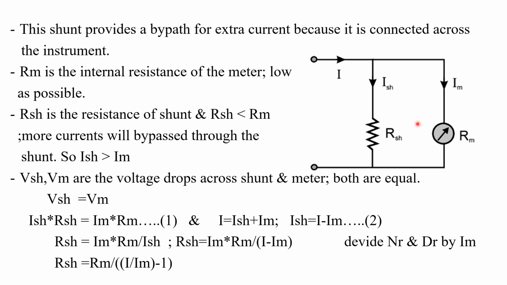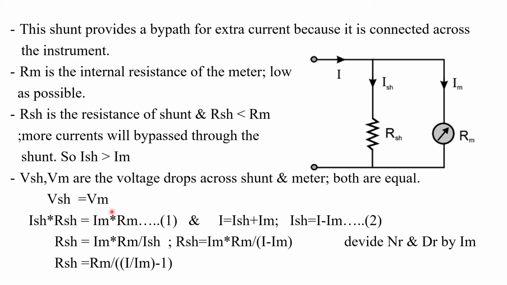Next we can think about the voltage drop across the ammeter and the shunt. It is very clear that the voltage drop across the ammeter should be equal to the voltage drop across the shunt resistance. That means if the voltage drop across the ammeter is Vm, then Vm will be equal to VSH, the voltage drop across the shunt resistance.